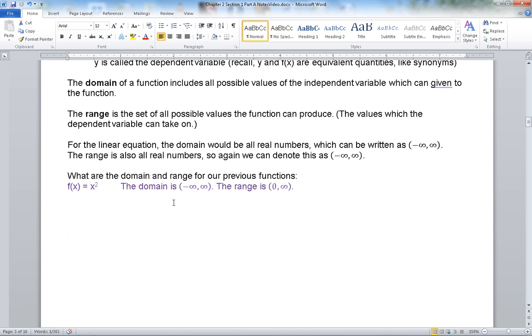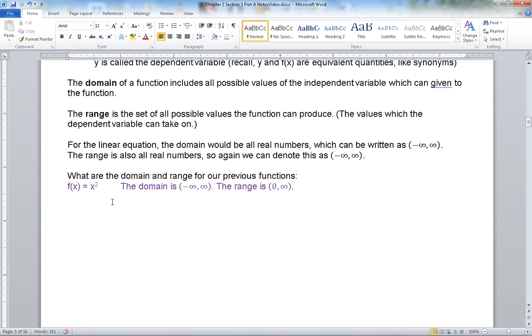So let's consider the domain and range for our previous functions. So consider the parabola. Well, in this case, what did you have? Well, really, you can square any number. You can do 0, you can do negative numbers, you can do positive numbers. So the domain actually is all real numbers.